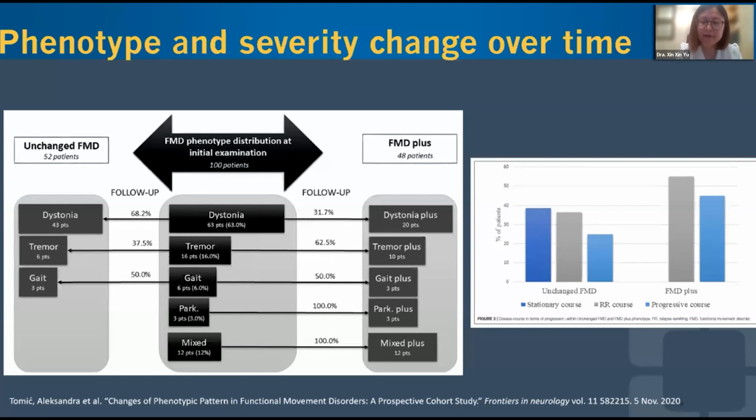The mixed phenotype was more likely to develop additional symptoms, while the dystonia phenotype had the tendency to remain unchanged over time. However, for those without any phenotypic change, many of these patients still had change in their symptom severity. They may have a relapsing-remitting pattern or progressive course. For example, those with isolated focal dystonia may progress to segmental or hemidystonia.